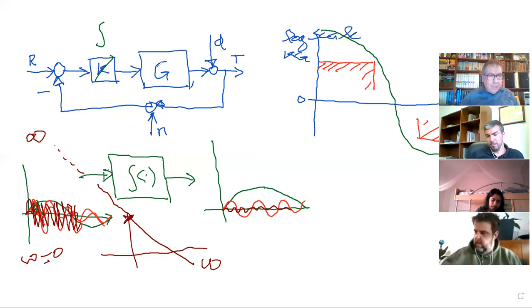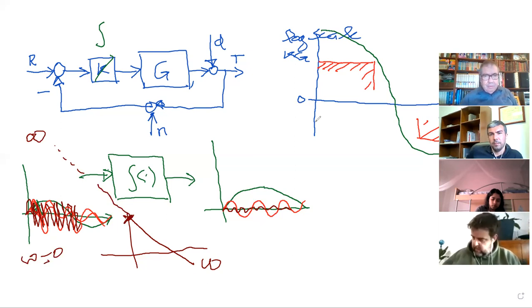Now, if you place an integrator here, you are forcing the loop gain to go down. That's why the integrator is good, because it ensures high gain in the low frequency and rejects noise in the high frequency.